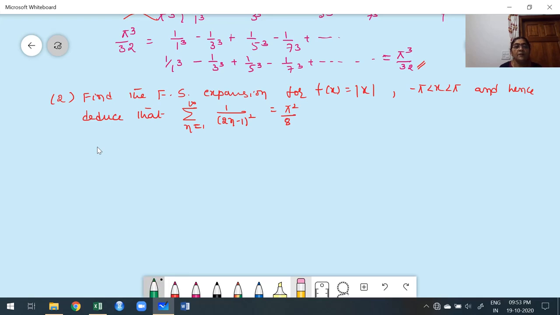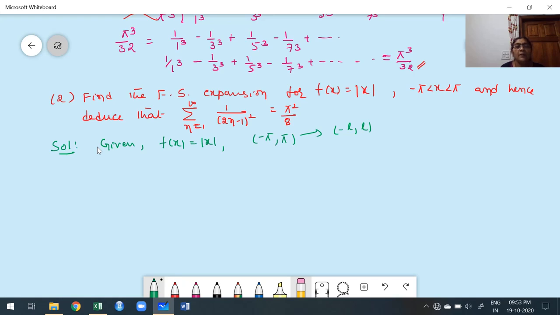Okay. Now I have to find the solution. What is my given function? The given function is f of x is mod x, and they have also given the interval minus pi to pi. Which case is it referred to? Second case. What is my second case interval? Minus L to L. Whenever the interval is in the form of the second case, now we have a chance to go for the even or odd definition.